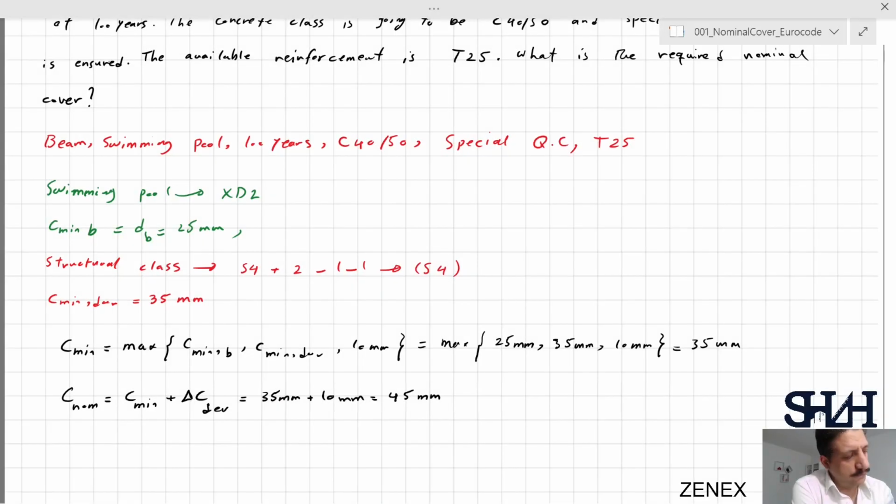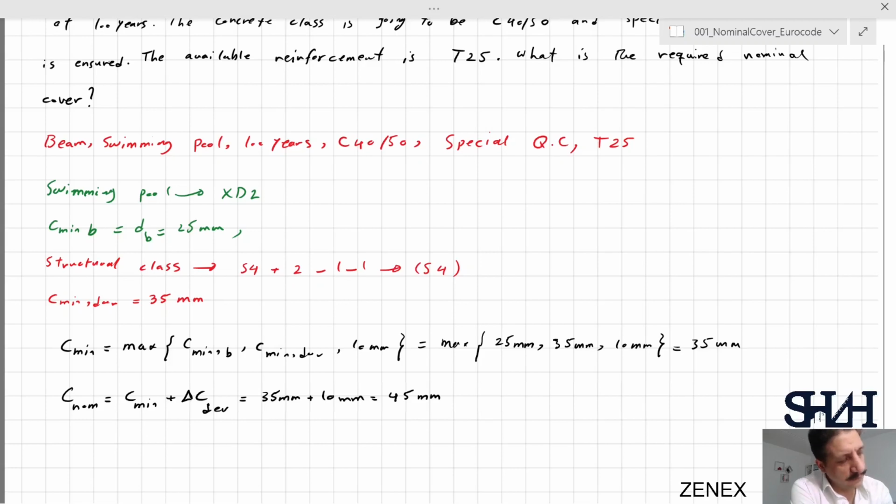If you have bundled bars, then perhaps this equivalent diameter will be something like 40.2, 28 point something, 30. So it is not a value by the interval of 5 millimeter. As a result, C nominal will not be a good number for the construction.